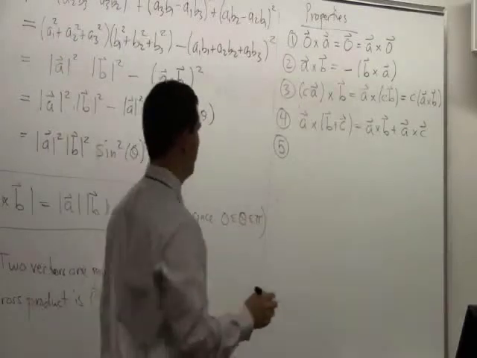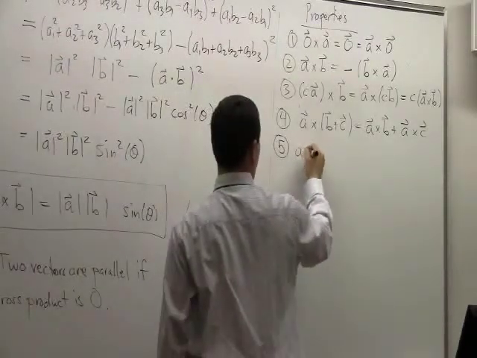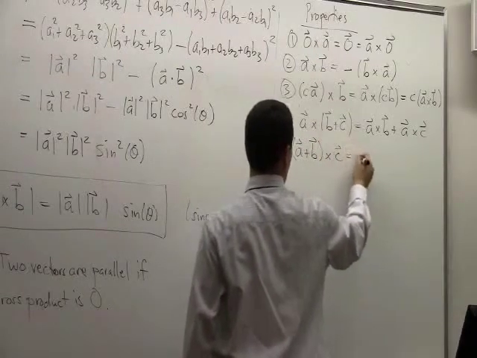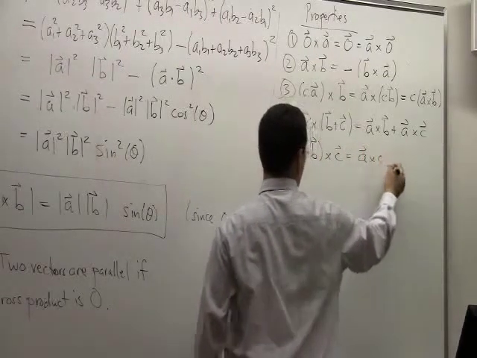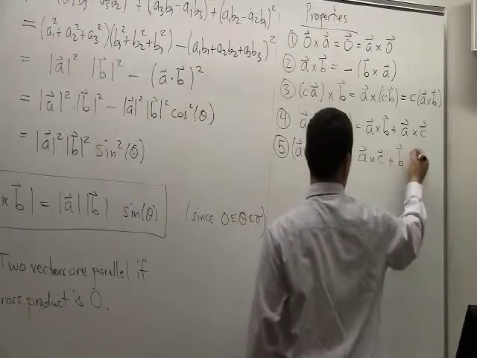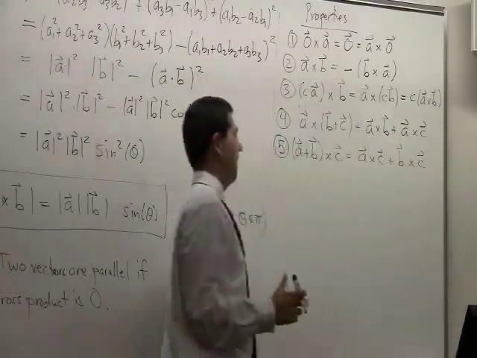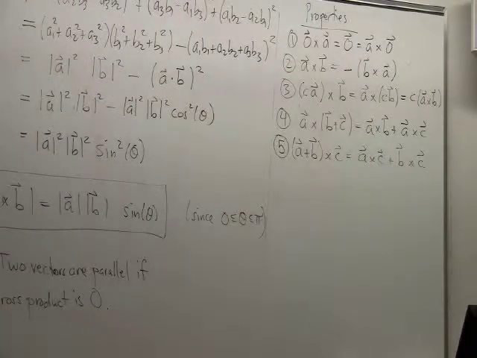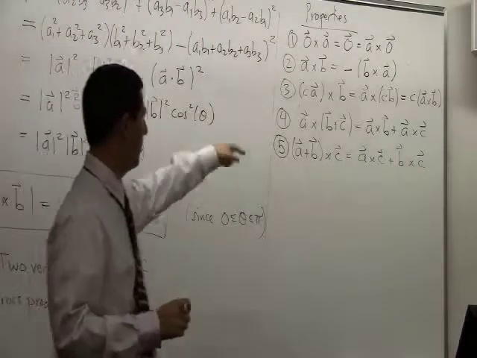And it actually works on both sides. So if you have A plus B, and you cross product with C, this is A cross C plus B cross C. And of course, you can prove that using the number 2, the anti-commutativity law, and number 4.